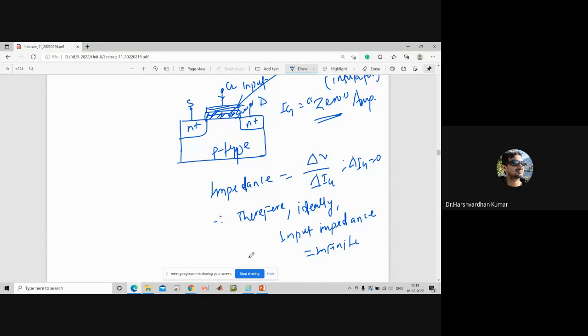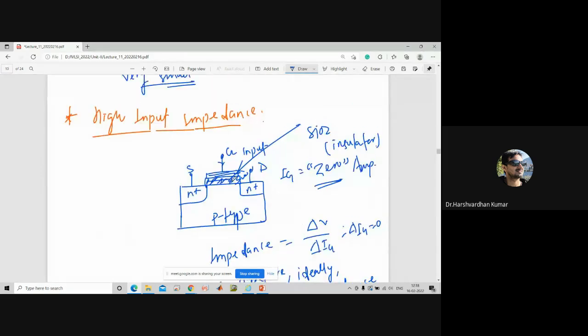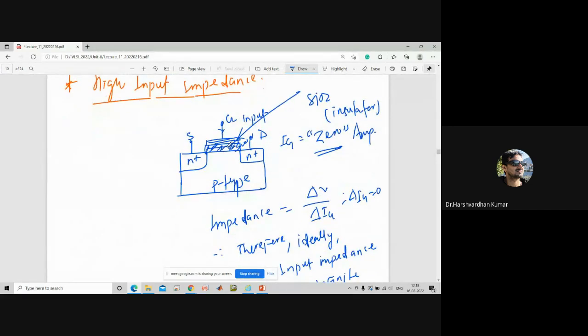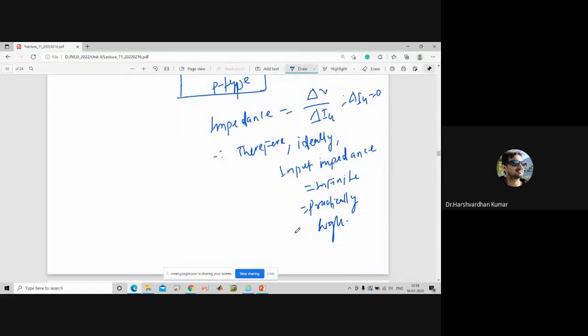Impedance is equal to infinite, and practically it will be very, very high. Why will it be very, very high? Because there will be some leakage current there. Because of that leakage current, we cannot say the input impedance will be infinite. But definitely it will be practically high.